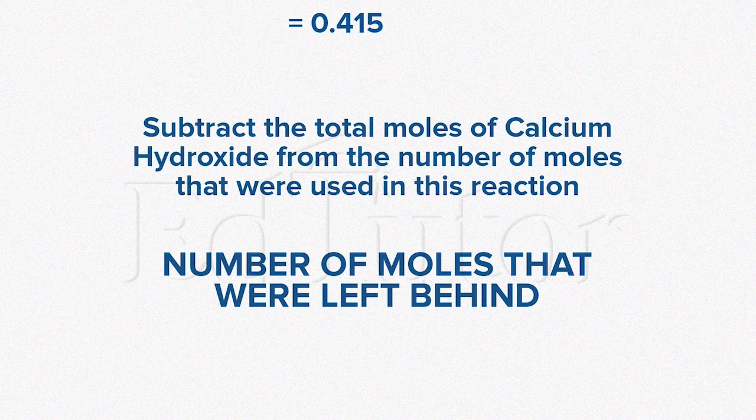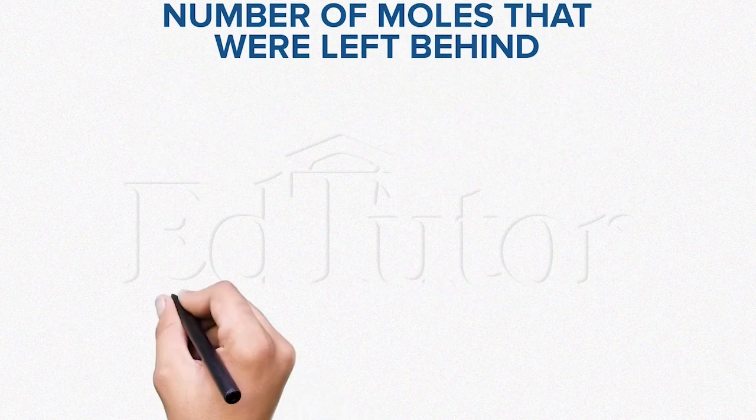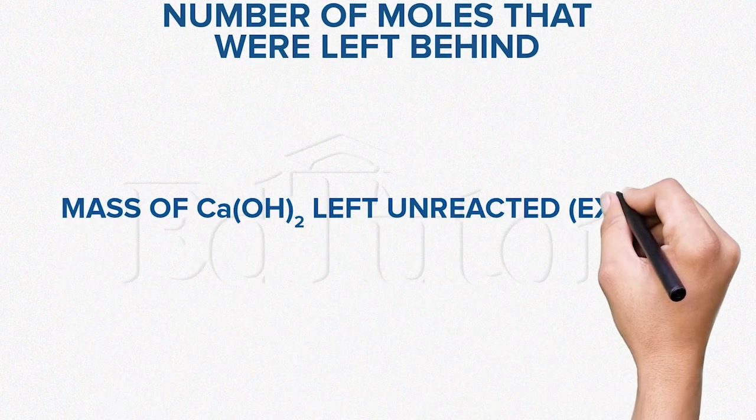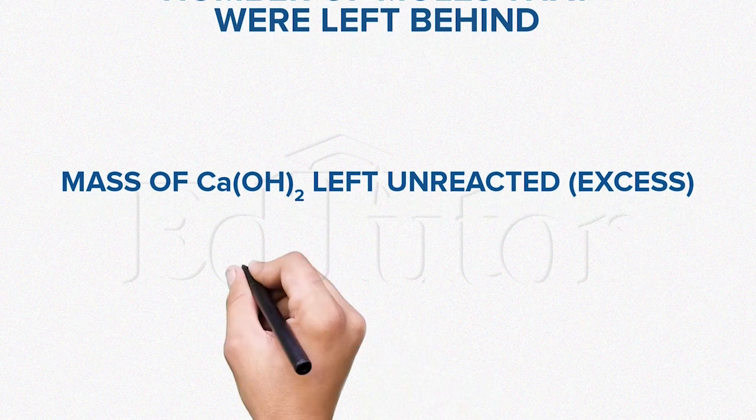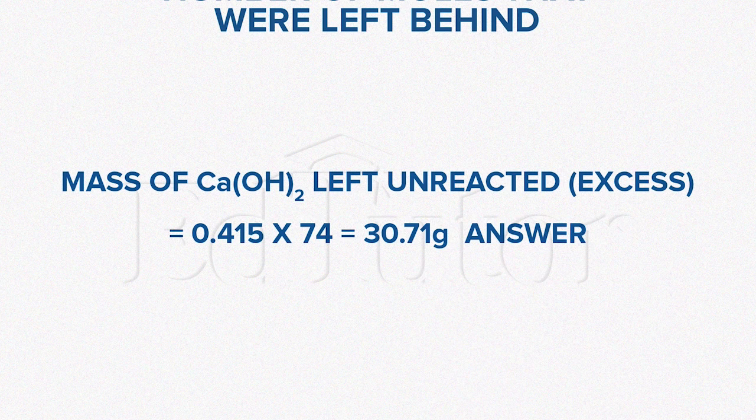Surely we can. We are going to simply multiply this number of moles with the molar mass. So, we have 0.415 multiplied by 74, which delivers us 30.71 grams, and that is the required answer for part 2 of this numerical.